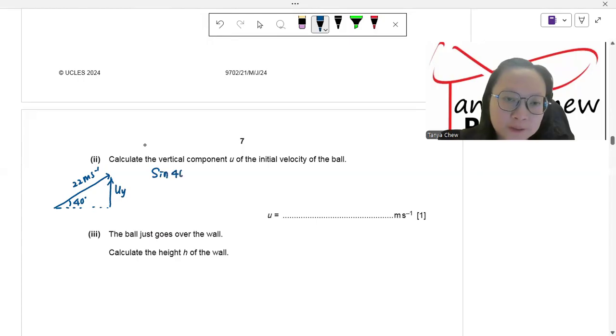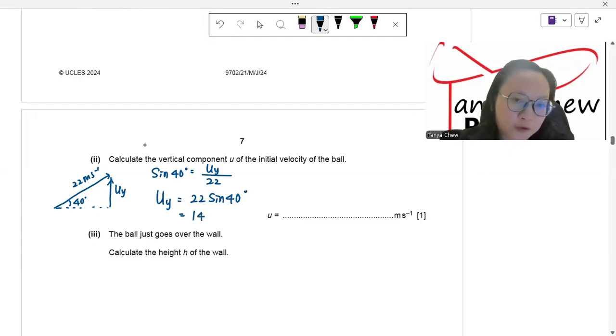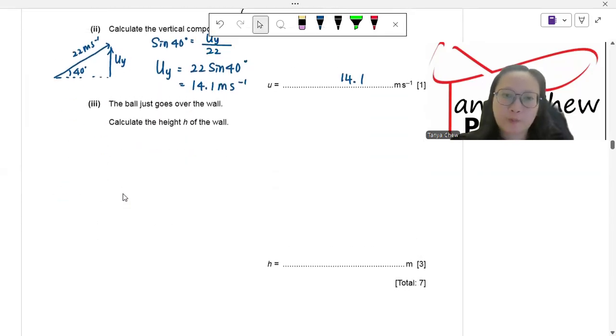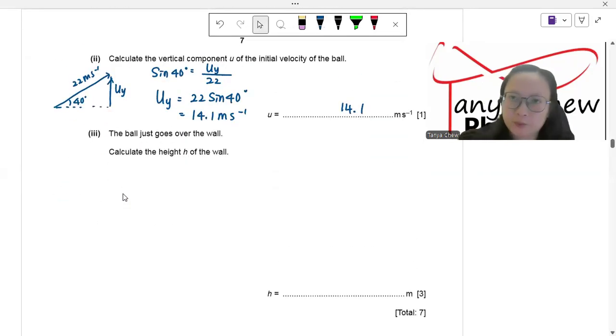Sine 40 is equal to Uy over 22. Therefore, Uy, or u in this case, is 22 sine 40 degrees, which gives you 14.1 meters per second. 14.1 is the answer.